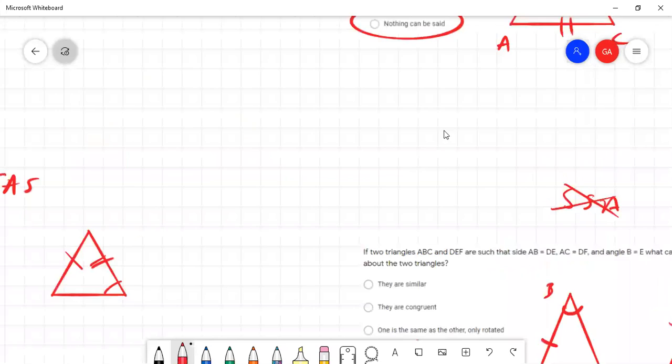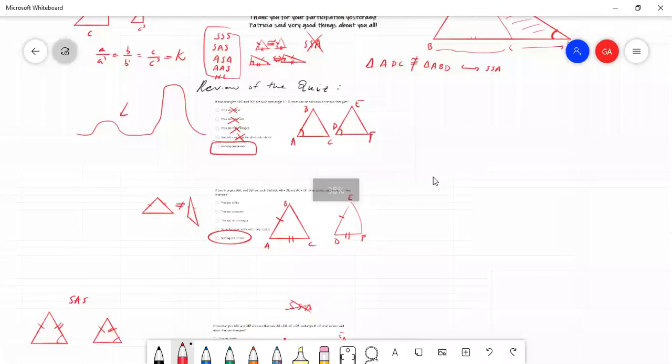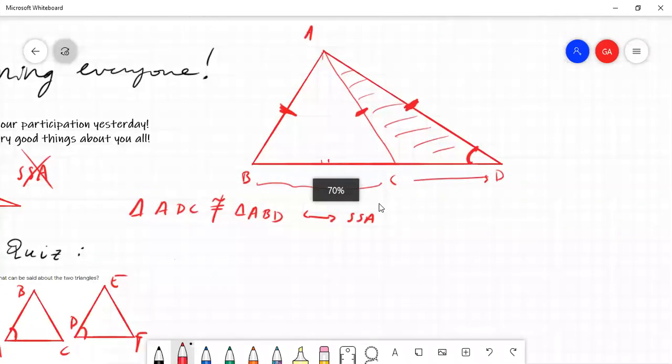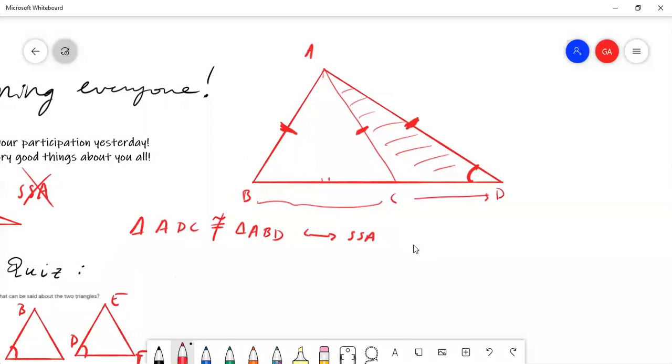And we gave this counterexample at the beginning here. I'll just go back to it. We showed that this triangle shaded in red is not congruent to the bigger triangle shaded in blue, even though they share this one side.